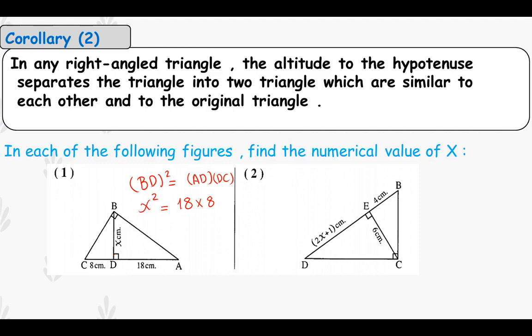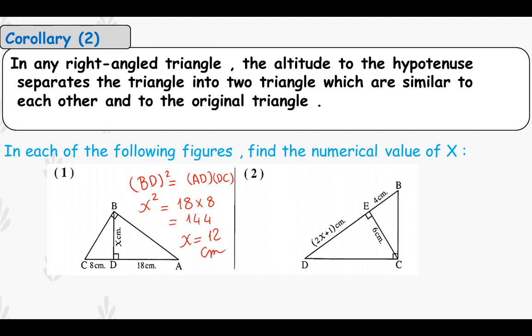Use your calculator to find the result of 8 multiplied by 18, and this equals 144. So x squared equals 144. By taking the square root, x equals 12 centimeters.